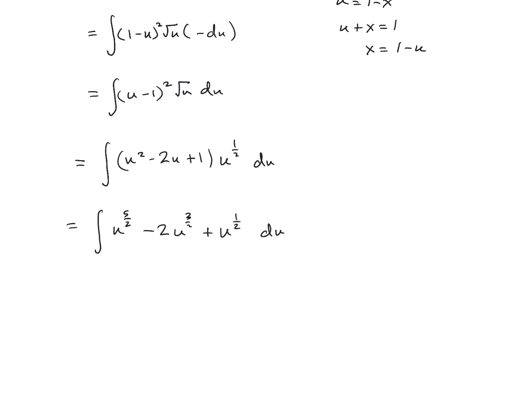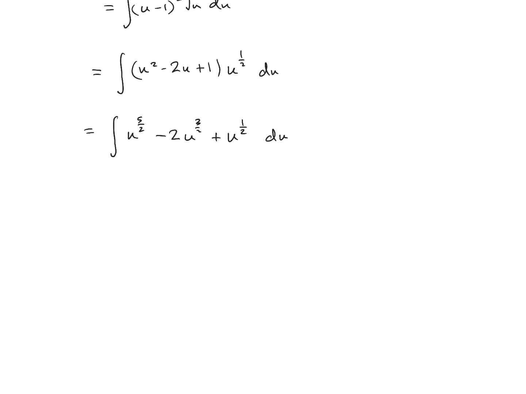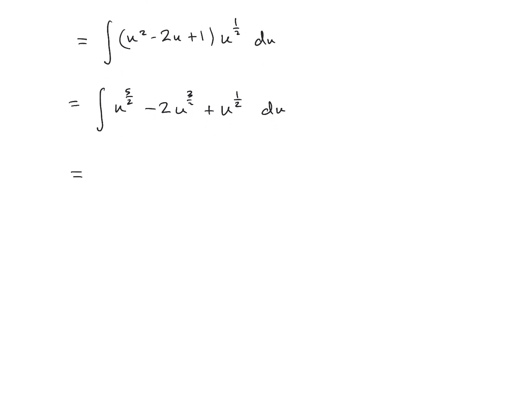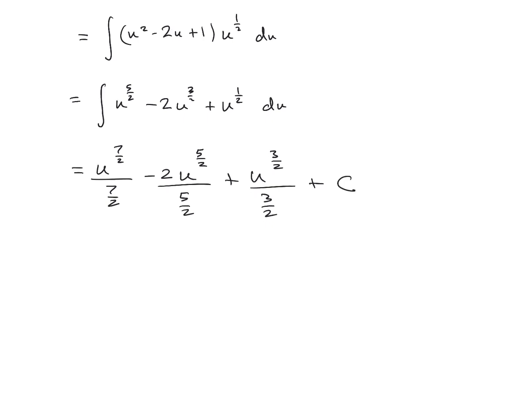All right, so now let's hit it with our power rule. Again, we're going to be adding 1 to all these exponents and dividing by the new exponents. So that's going to be u to the 7 halves divided by 7 halves, minus 2 times u to the 5 halves divided by 5 halves, plus u to the 3 halves divided by 3 halves, plus arbitrary constant c.